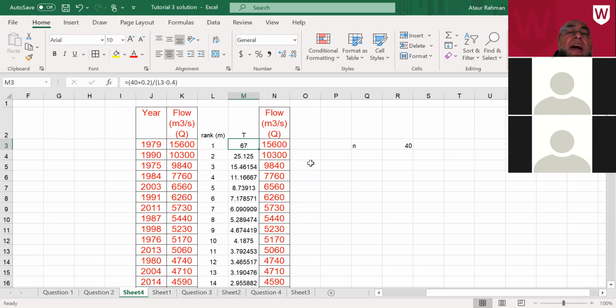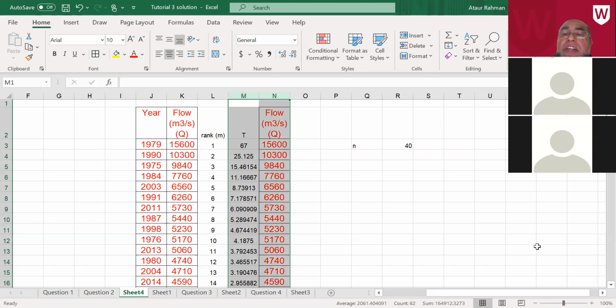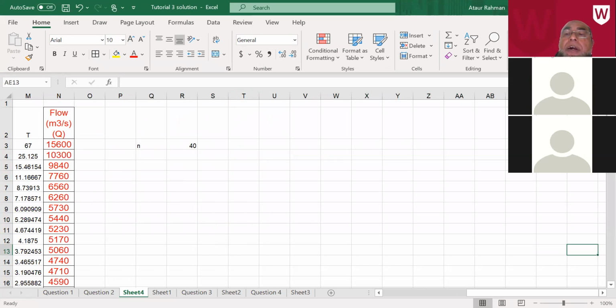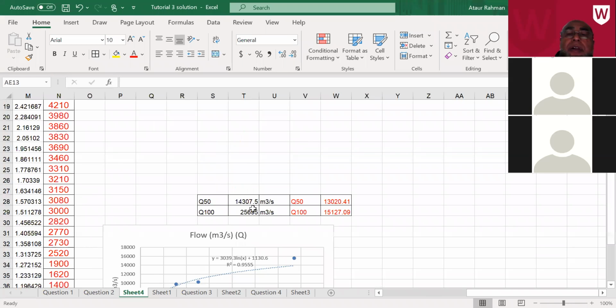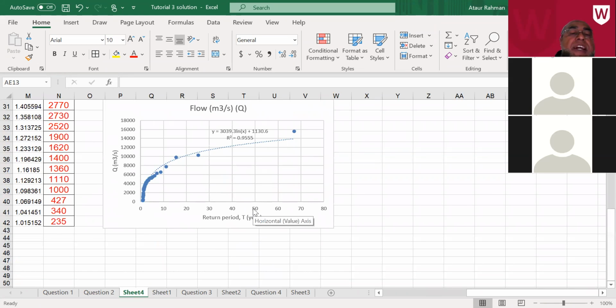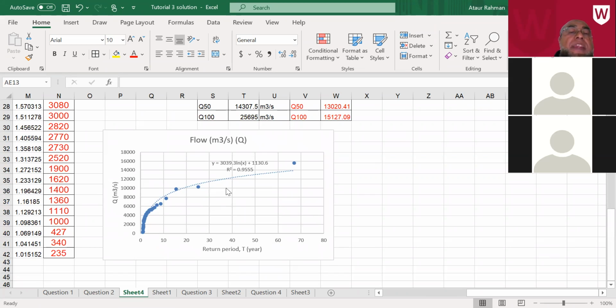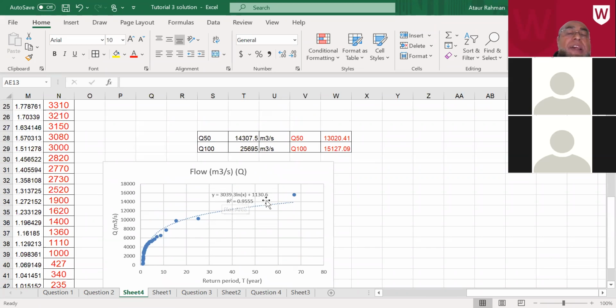And then I produced a scatter plot, and then I fitted a regression line, either linear or non-linear. There are different fittings built into Excel. And from there, we can estimate our Q50, Q100 based on the equations.